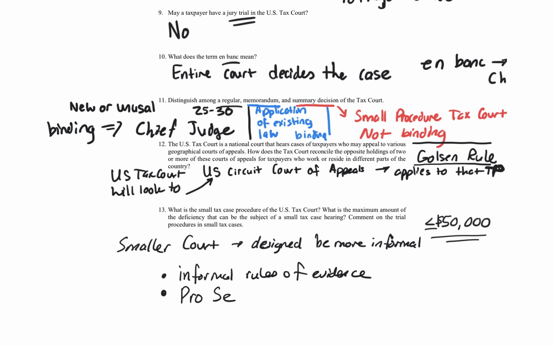They don't have to have an attorney or somebody that's authorized to bring cases before the tax court. Finally, one other element is that no appeals are allowed. You cannot appeal. You're subject to being bound by a decision if you go this route. So there are benefits and burdens. There are trade-offs for picking a small court decision over a regular court decision. You have to consider those.